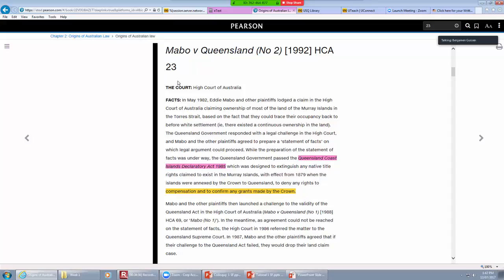So what did the Queensland government do? Okay? In response to this challenge, they passed what's known as the Queensland Coast Islands Declaratory Act in 1985. Note that this was 3 years after these people decided to move this action.